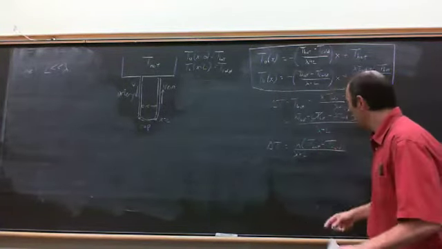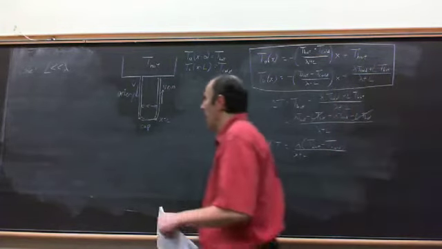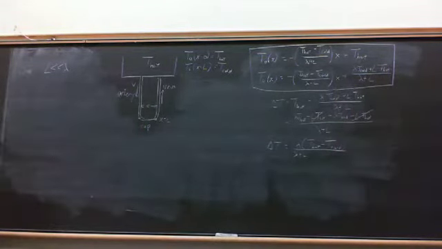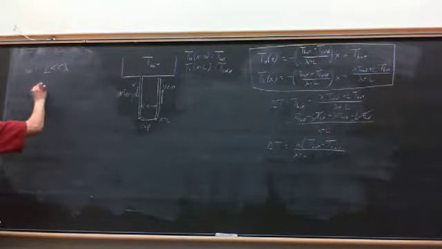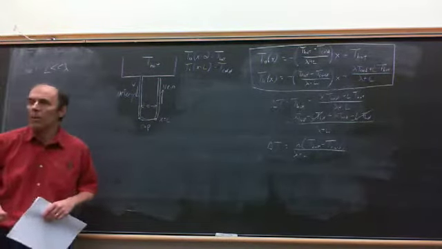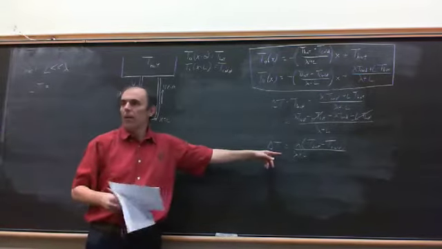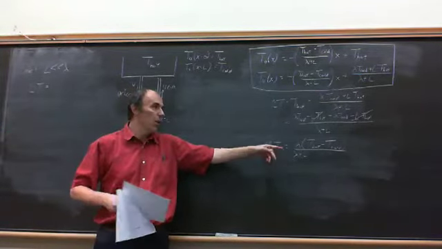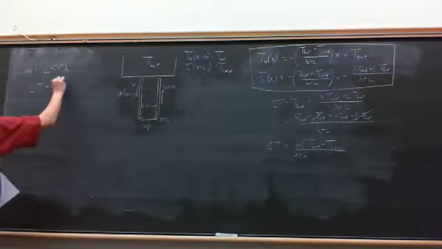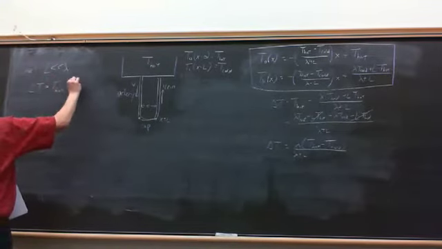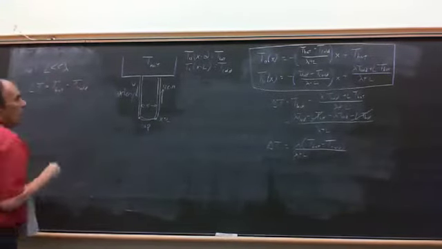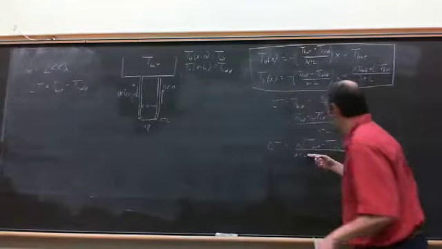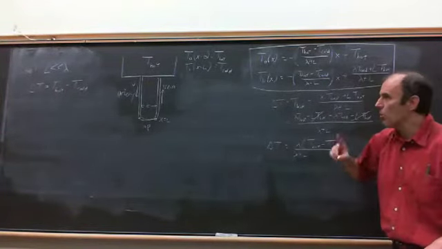So what does delta T become if L is a lot smaller than lambda? What do you get for delta T in that limit? You just get T hot minus T cold, because L is small, so you get lambda over lambda, which is 1.